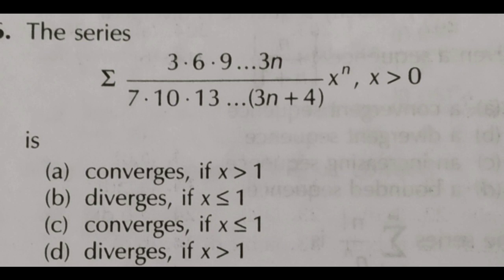The series summation 3, 6 to 3n by 7 into 10 into 13 to 3n plus 4, into x to the power n, where x greater than 0, is option A, convergent if x greater than 1, option B, diverges if x less than or equal to 1, option C, converges if x less than or equal to 1, and option D, diverges if x greater than 1.